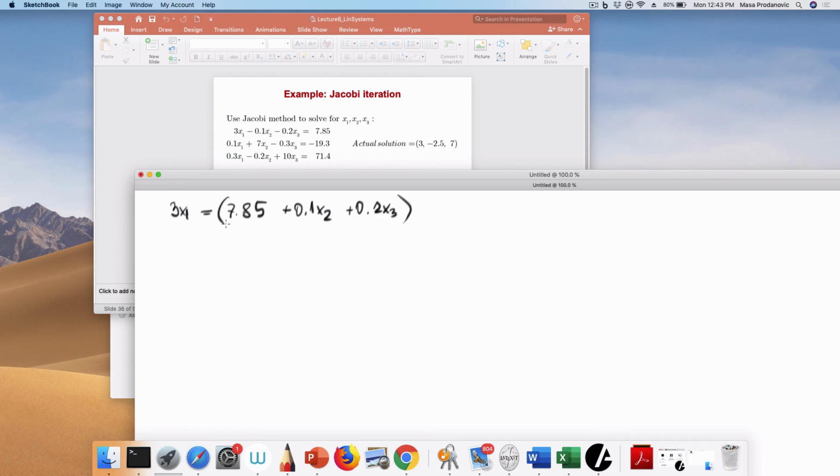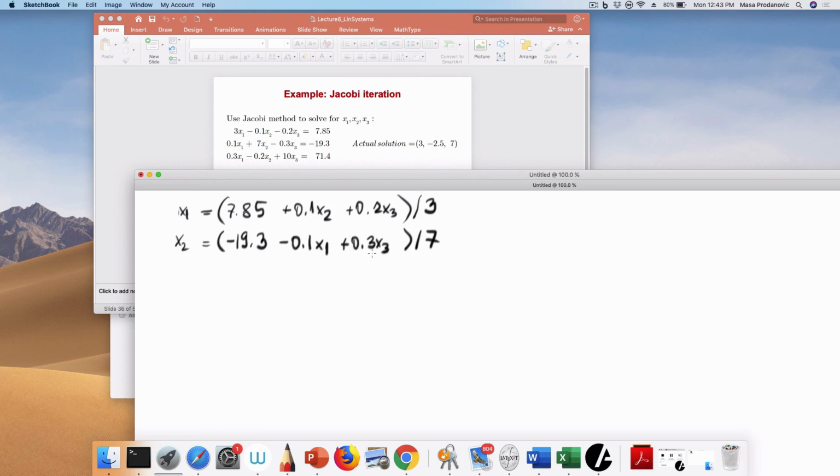And I'm now going to divide by 3. Yes? Then how is the second one done? It's 7x2, so it's going to be something divided by 7. And what I have here is minus 19.3 minus 0.1 x1 plus 0.3 x3.